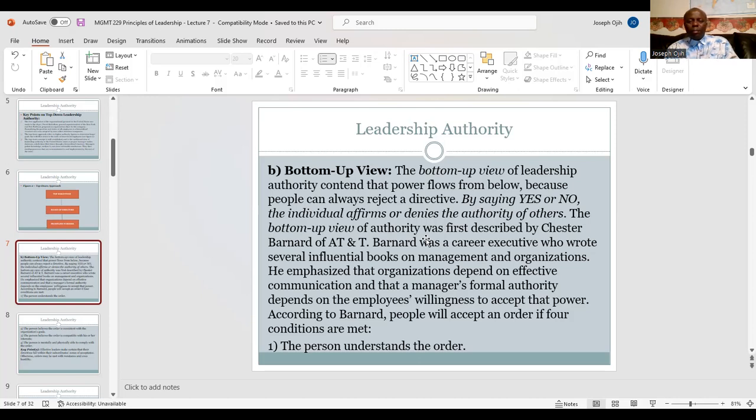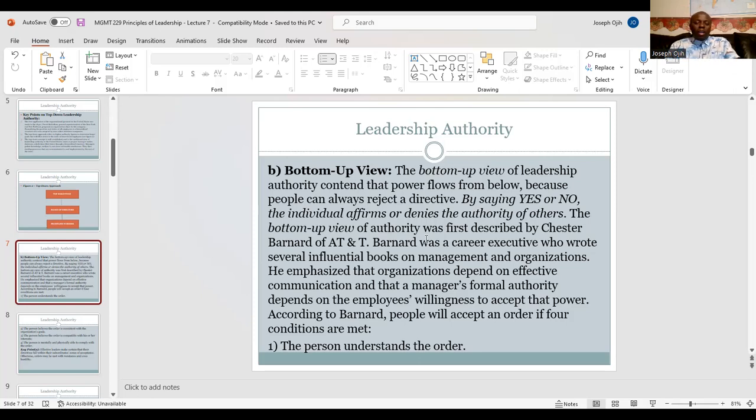His name is Chester Barnard of AT&T. At the time, he was a career executive, and he emphasized that organizations depend on effective communication, and the manager's formal authority depends on the employees' willingness to accept that power. So if the employees are willing to accept that power, they will obey and things start running.